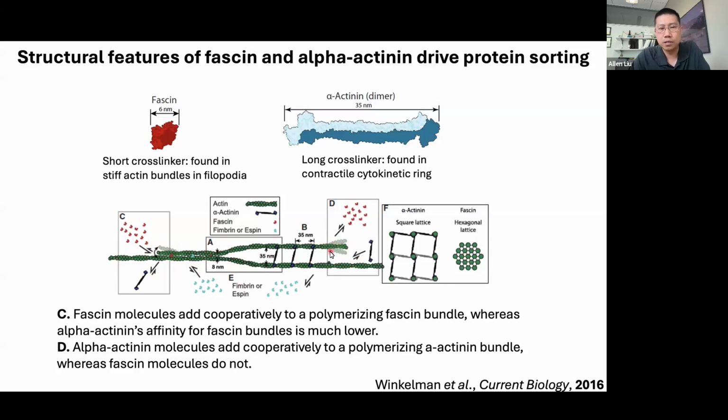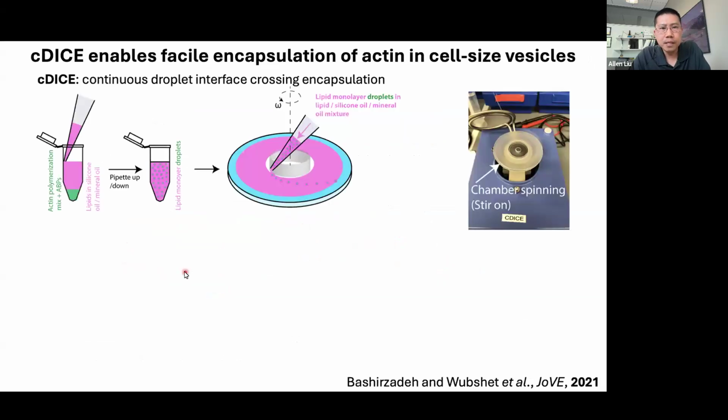The reason is pretty simple: there's an entropic penalty for having these filaments, so I guess the filaments like to be clustered together so that you don't have these wavy, bending portions of the filament. So the long cross-linker would tend to form one domain, and the short cross-linker would form the other domain.